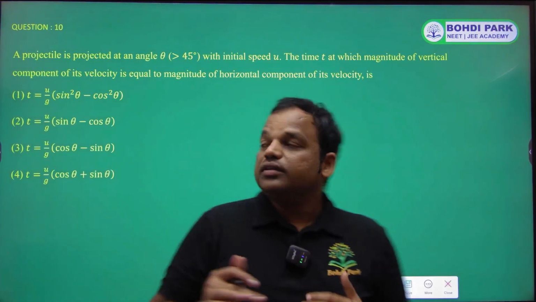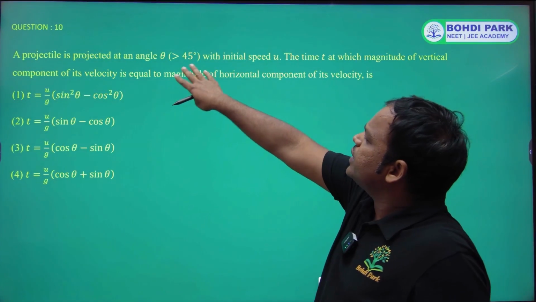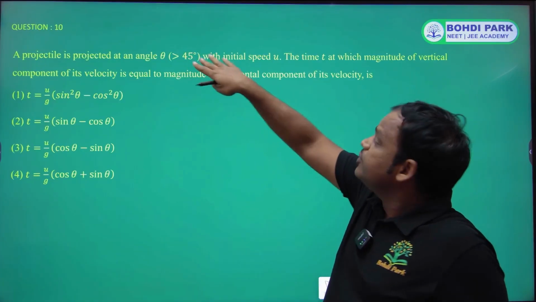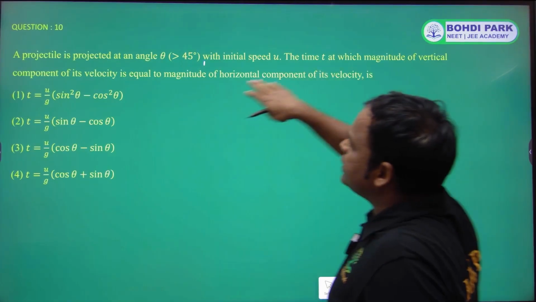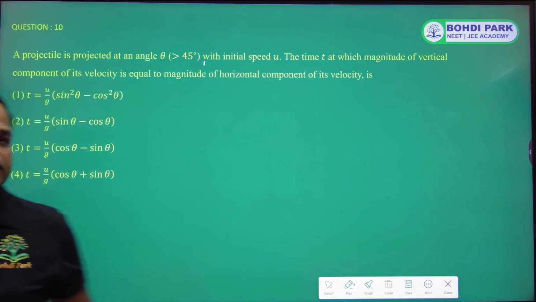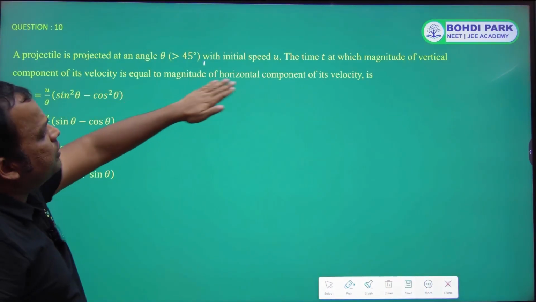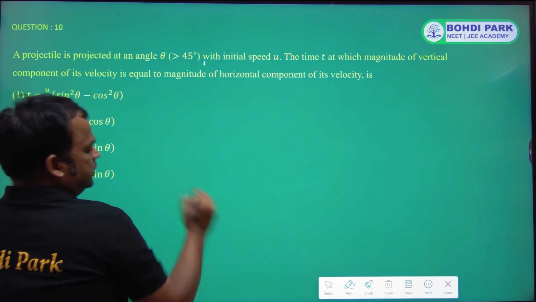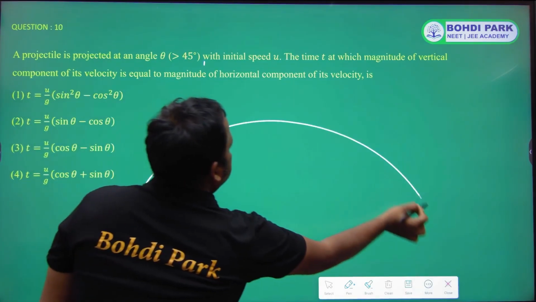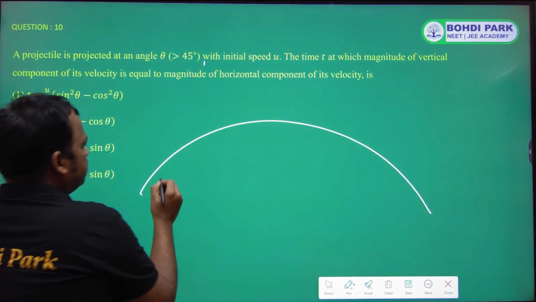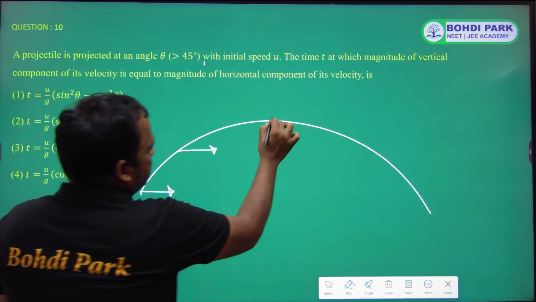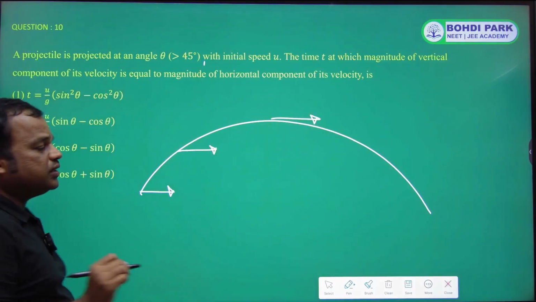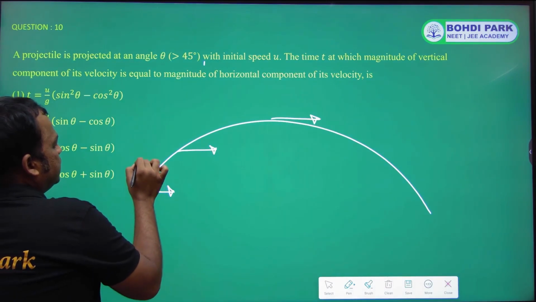Now 10th question. Projectile is projected at angle more than 45 degree. Initial speed u, time at which magnitude of vertical component of velocity is equal to horizontal component. So we know that if this is horizontal component, so horizontal component remains same, but vertical component decreases.